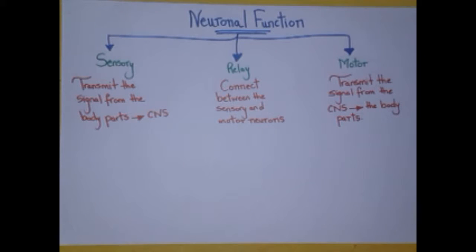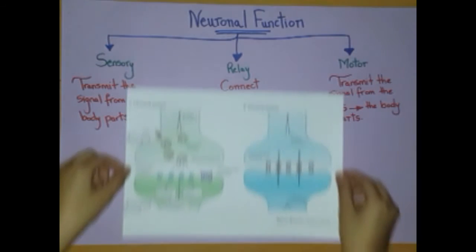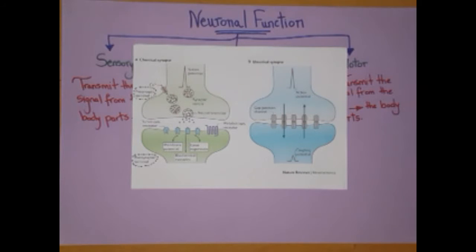All this is carried out by something called the synapse. The synapse, as shown here in the picture, is controlling how the signal will be transmitted and how the signal will be processed. In this picture of the synapse, we have two major players: the presynaptic neuron and the postsynaptic neuron.